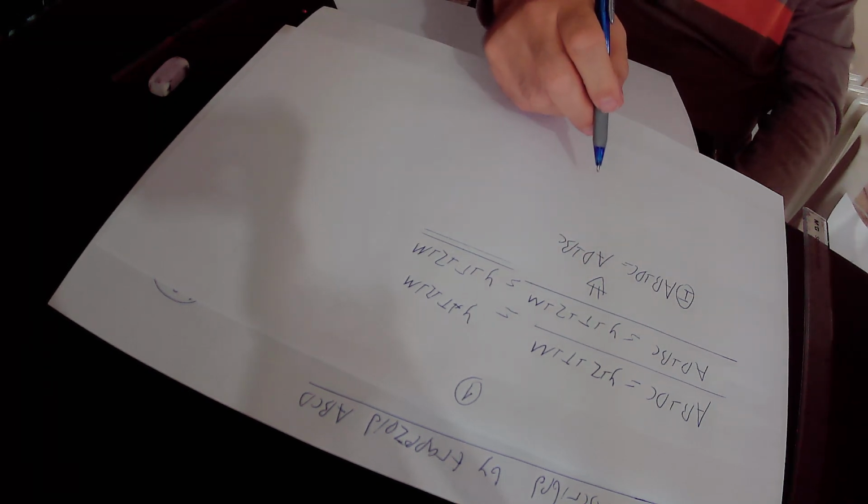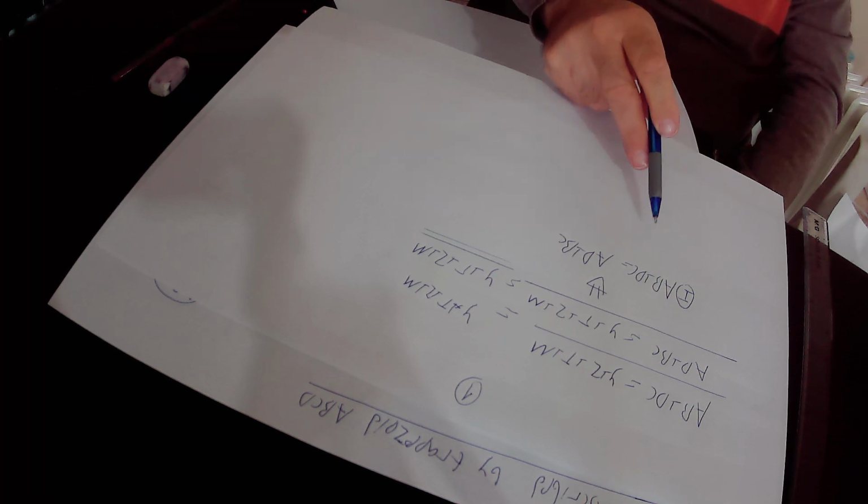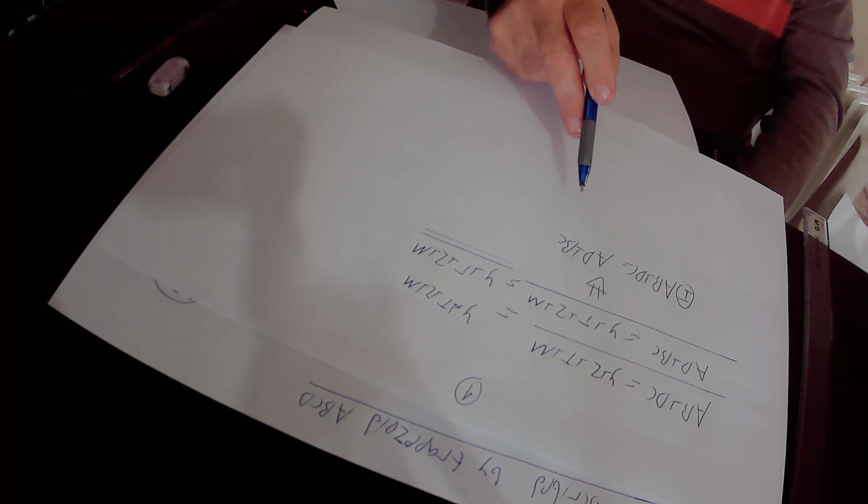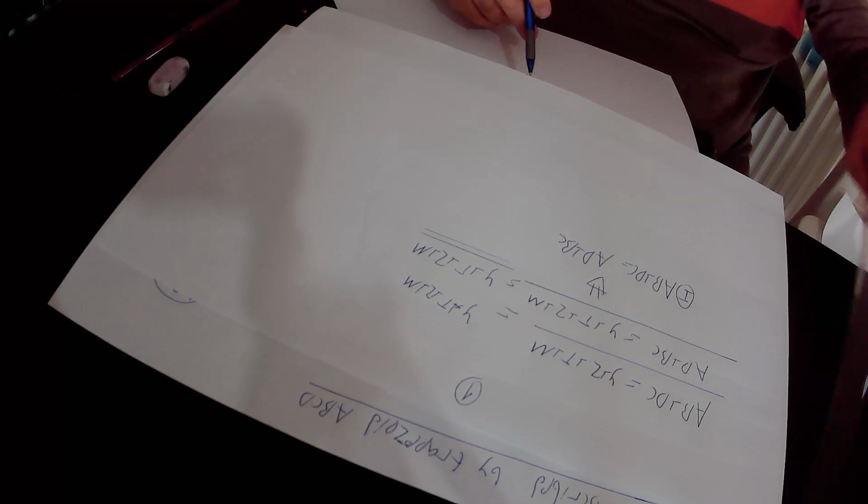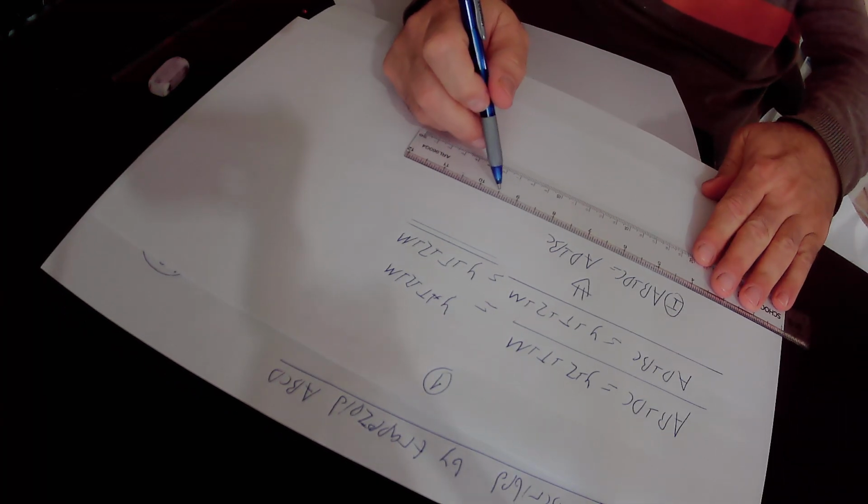This is equation 1. According to equation 1, AB plus DC equals AD plus BC.